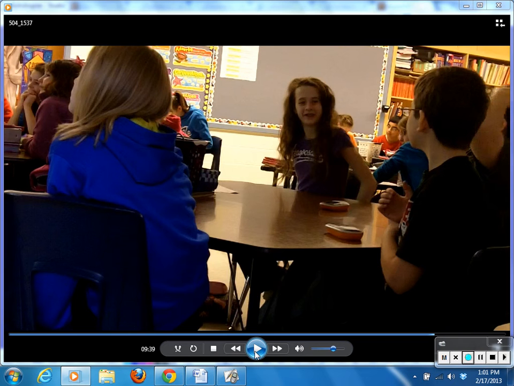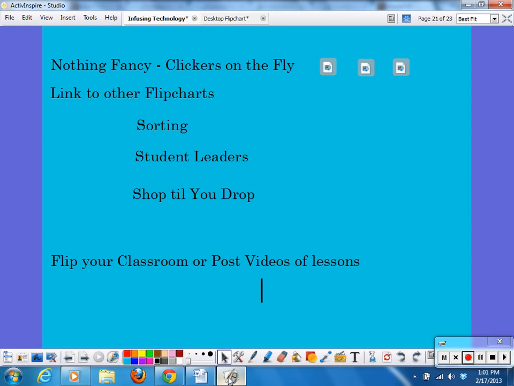And what I really like about it, you can't see it, but the graph of their answers is up there. That's immediate feedback for them, immediate formative assessment for me, and it also can guide some discussion and some error analysis. I find that really useful.